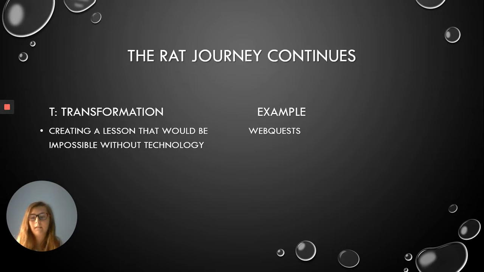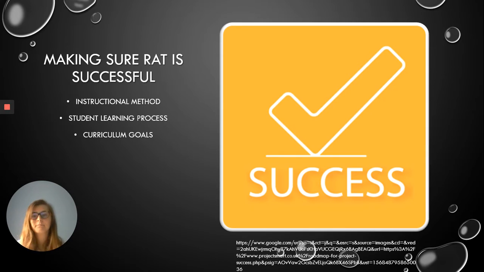But I think having a fully technological lesson would be helpful in the moments where you have web quests to help with research. I think web quests are a great way for students just to get familiar with how research is for writing papers or for finding resources that are credible and such things along that line.